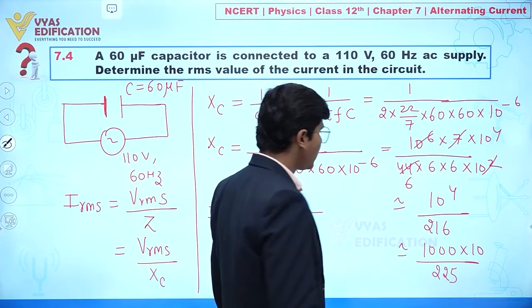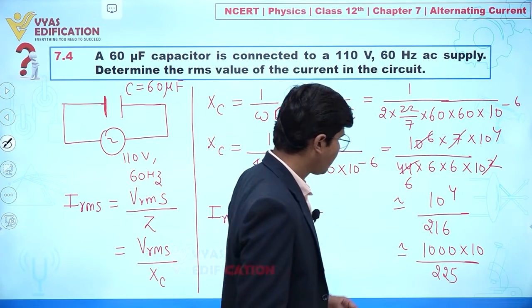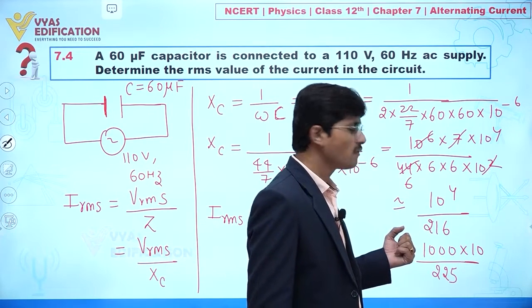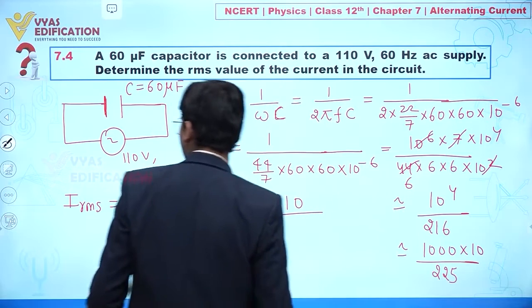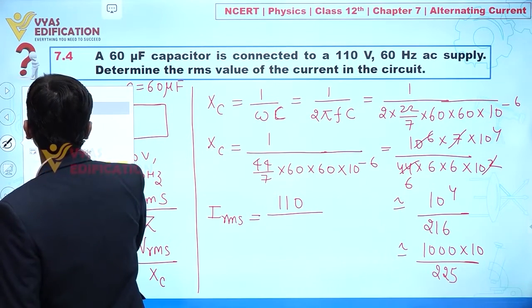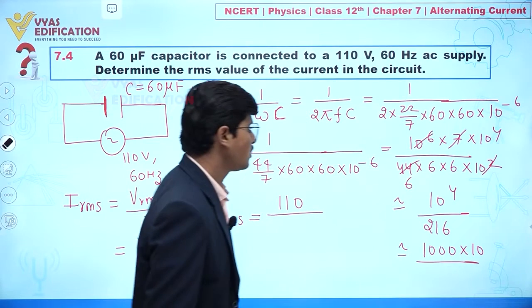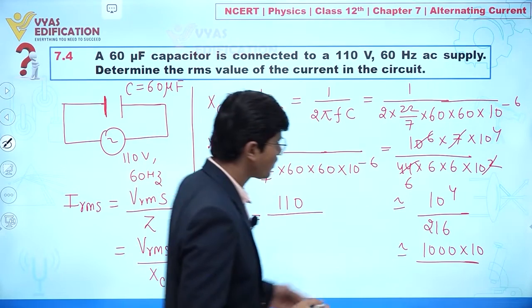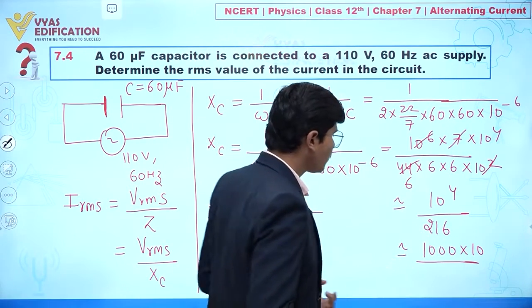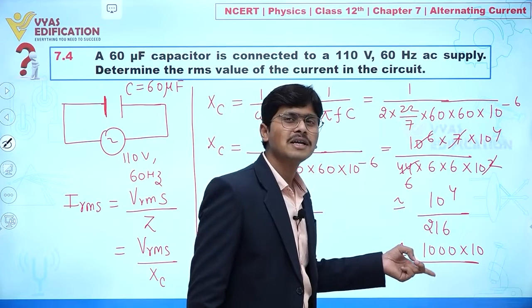It will be better to write it like this. This is near about 220. What we are doing here, actually, is taking this as 216, near about 216. We can take one factor like this so that it will be completely cancelled out.